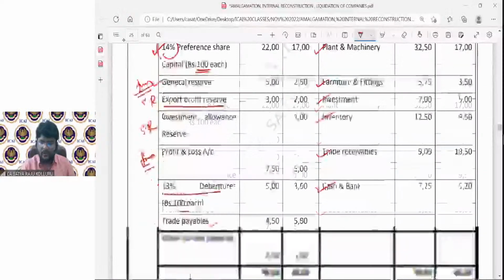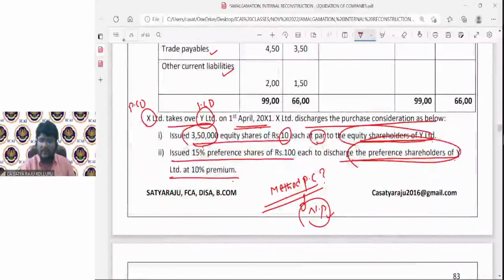What are we issuing here? We are issuing 15% preference shares of rupees 100 each to discharge the preference shareholders of Y Limited at a 10% premium. Sir, discharging with premium. We are issuing our shares at face value only, but we are discharging the existing preference shareholders of the selling company with a 10% premium.